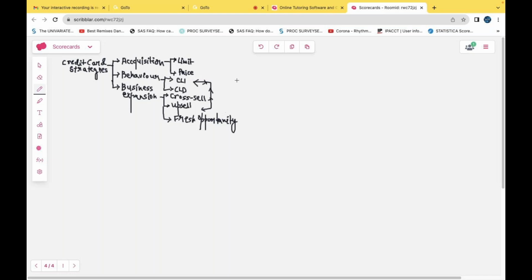Having said this, there are some basics of these strategies. The first question is, how do we assess a strategy? When we are trying to assess a strategy, what are the key metrics in terms of which we would assess it?